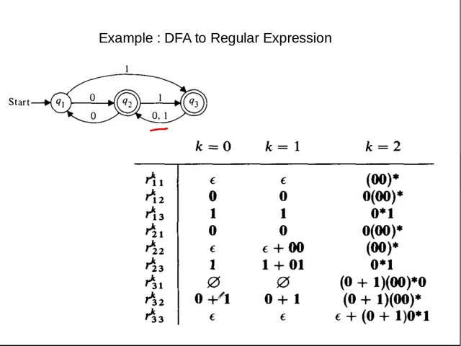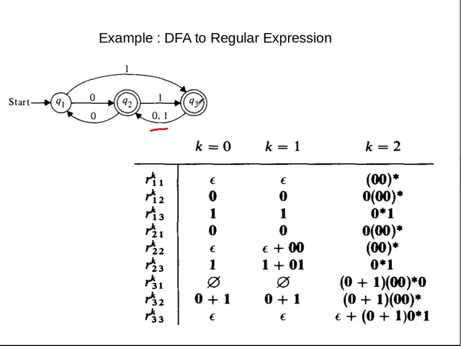This is precisely the set of strings which can lead us from Q3 to Q2 without passing through any intermediate state. For 3 1, there is no transition at all.